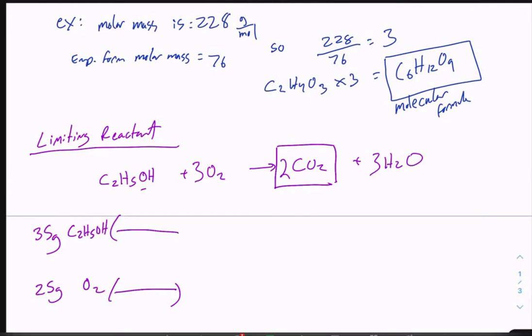That is finding moles. So, we're at 46.08 grams per mole for ethanol, and 32 grams per mole for oxygen.